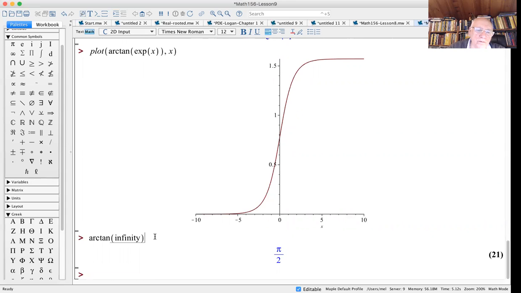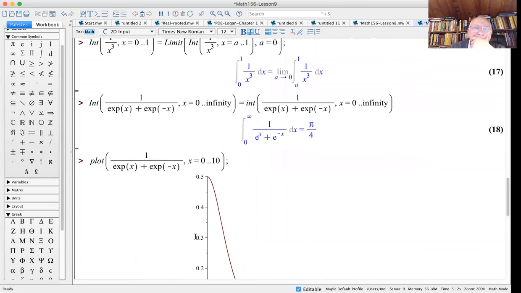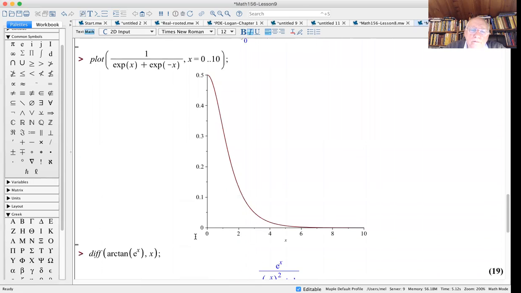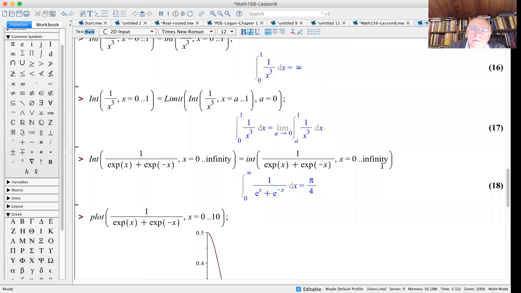Pi over 2 minus arctangent of 0. Let's see. Let me just insert a line.